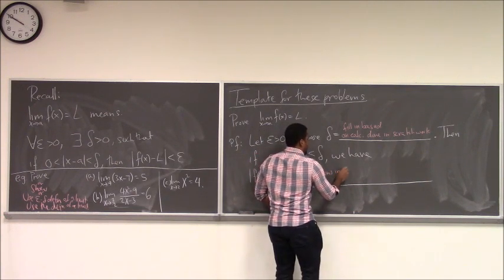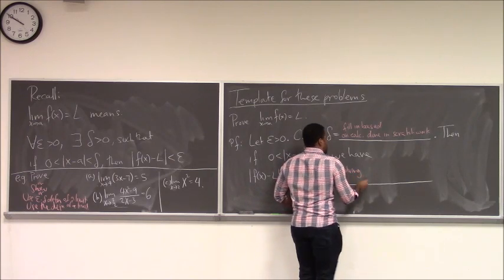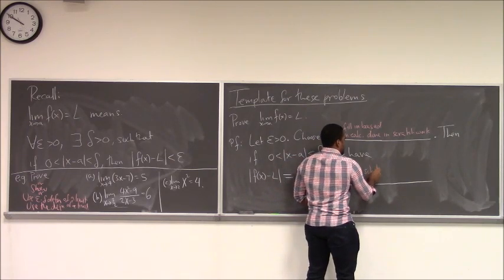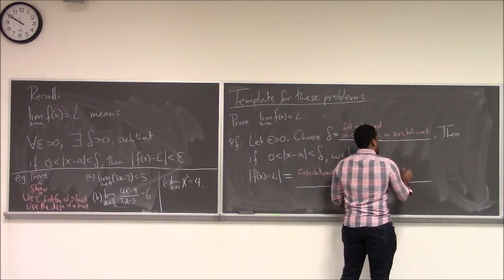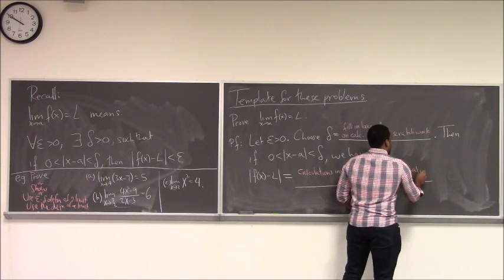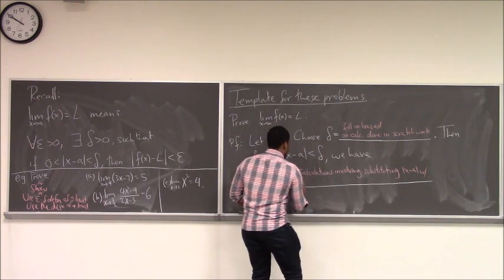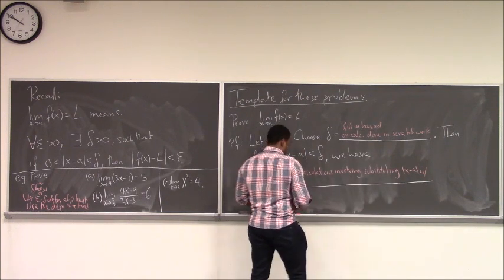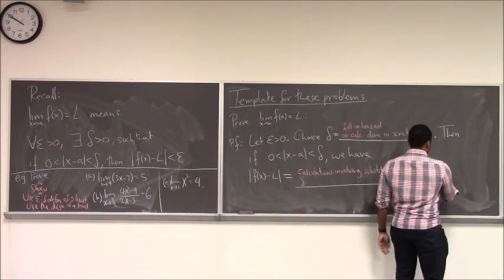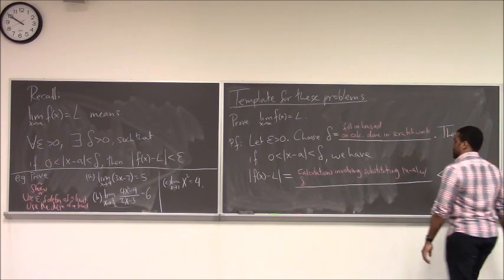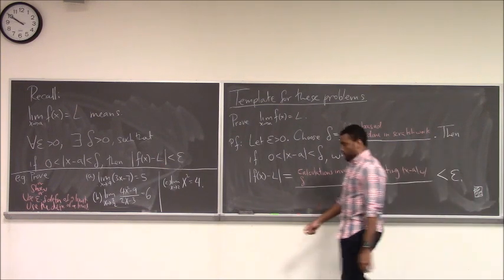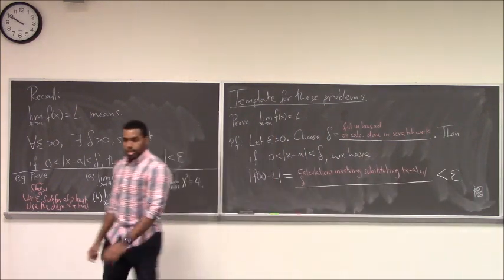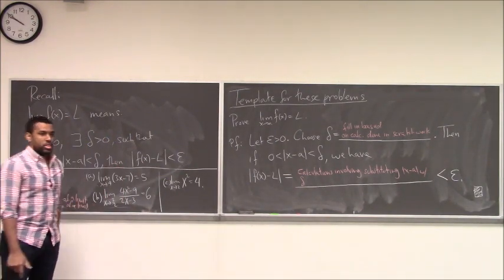Calculations involving substituting x minus a with delta. And ultimately, at the end of this line, you need to end up with less than epsilon. And then you're going to put a box here, and you're going to shade it. The solution to all these problems will look exactly like that. That's the template. Right? So that's kind of a form you need to fill in.